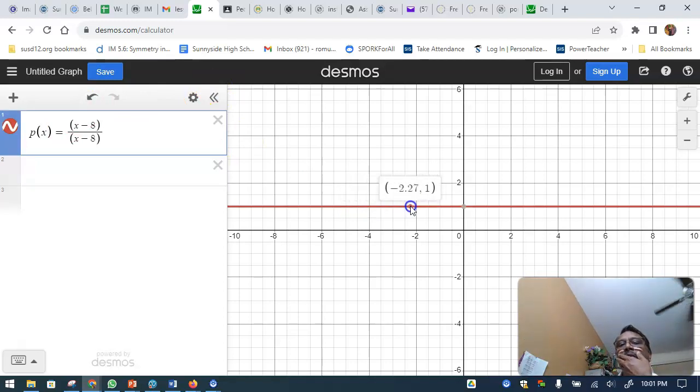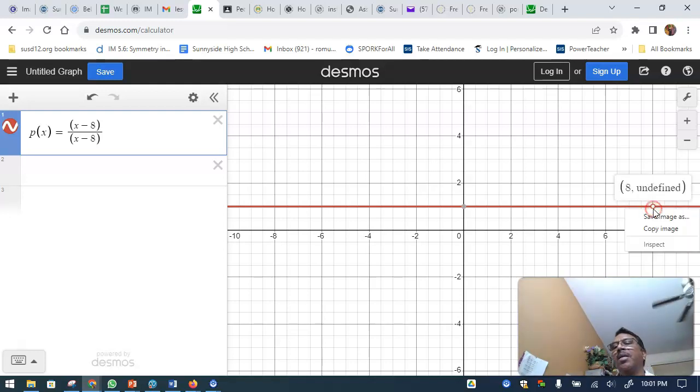But as you increase and go exactly to 8, if you see, this input is 8, and there's going to be a hole here. So it means it is undefined. So there is no vertical asymptote for this function.